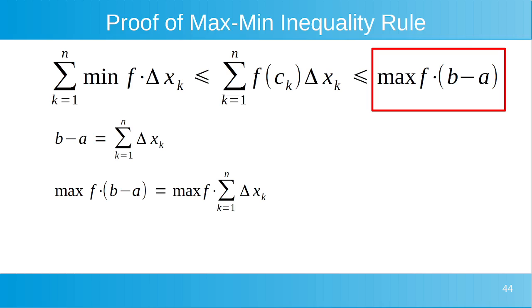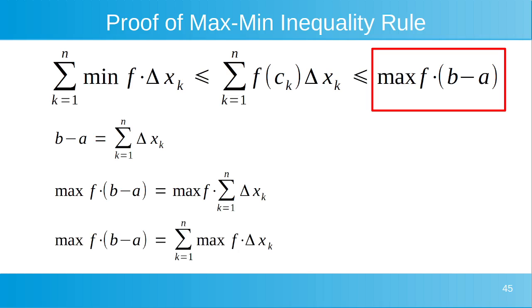Again, rather than summing all of the subinterval lengths and then multiplying that by max f, what we can instead do is multiply each subinterval length by max f and then sum the results.